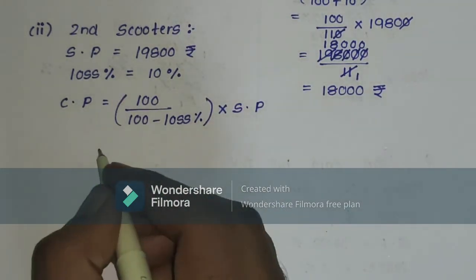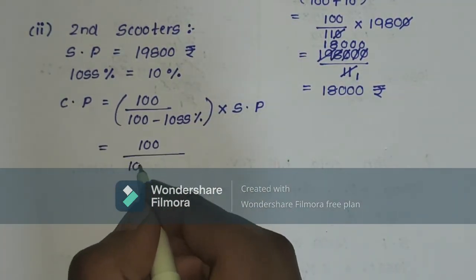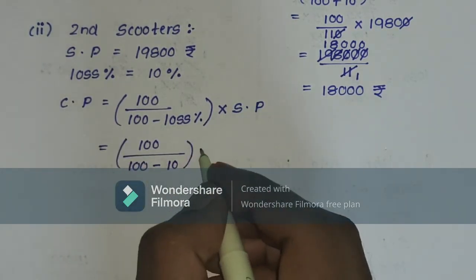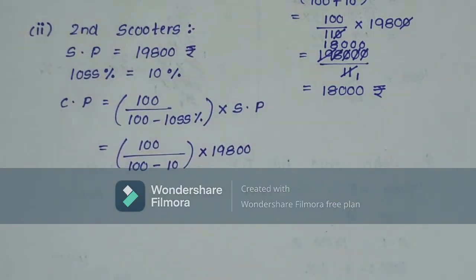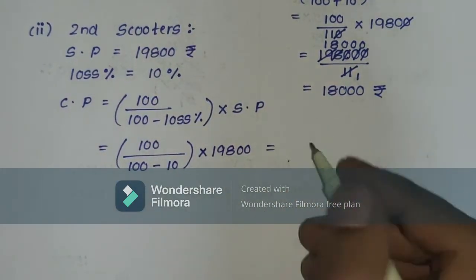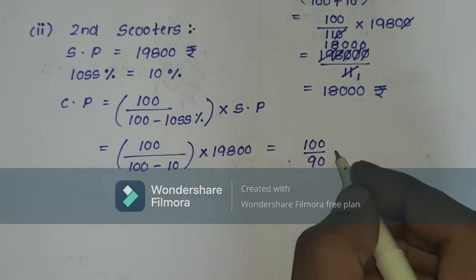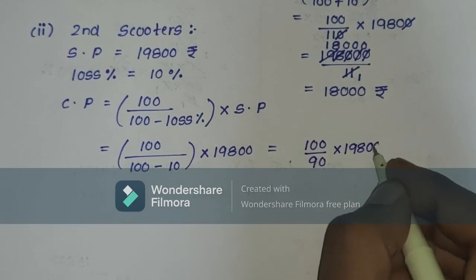That means we will say 100 upon 100 minus 10, close the bracket, into 1980, that is the selling price. Now when we simplify, we'll get 100 upon 90, student, yes, then multiply by 1980.